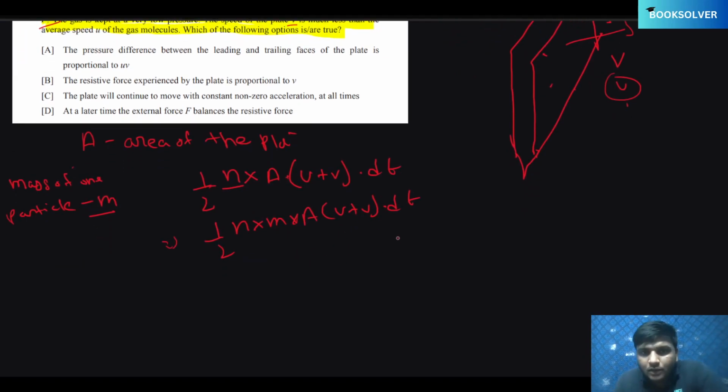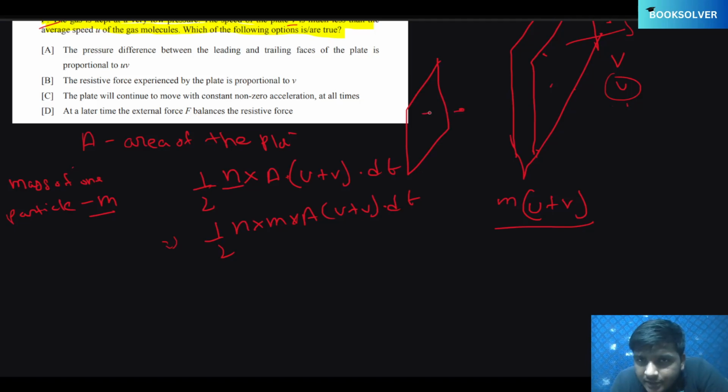Now, what can be their momentum, because the change in momentum will give us the force here. What will the momentum imparted be? Let's suppose this is the plate here. A particle of mass m comes in, moving with velocity u relative to the gas and the plate is moving with v, so the relative speed is (u plus v).